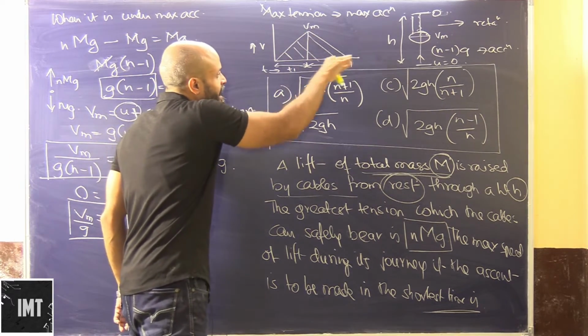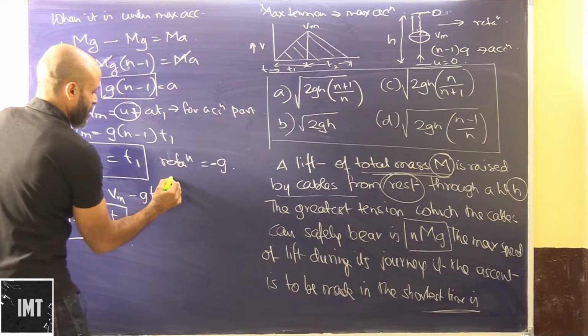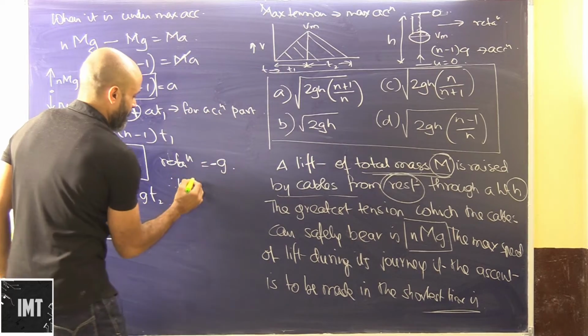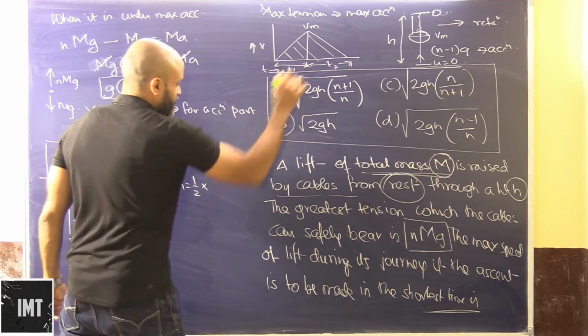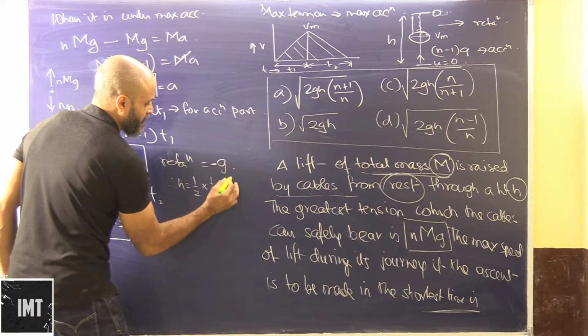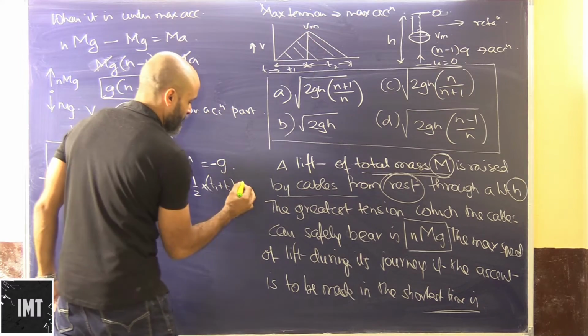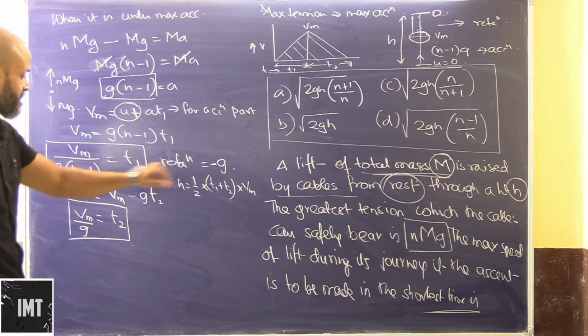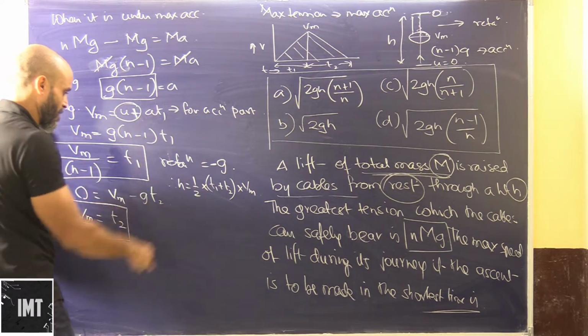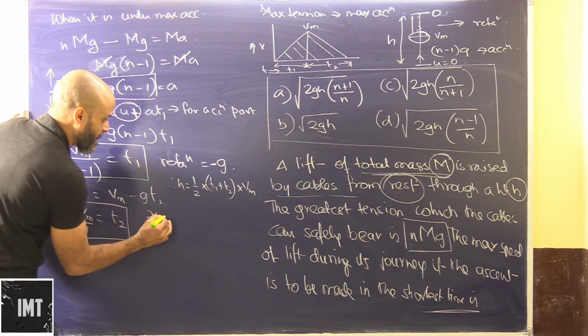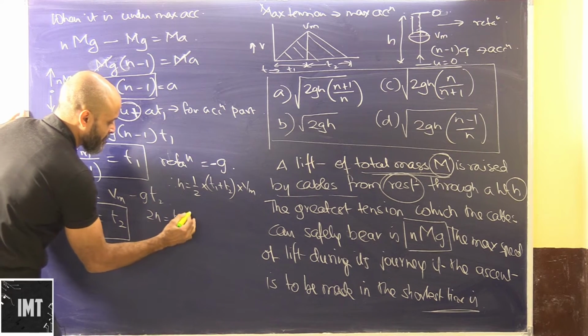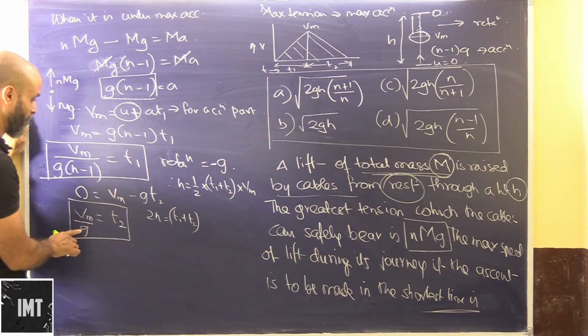So what will be the area of this triangle? So h can be written as half of base, that is T1 plus T2, into height, that is Vm. H can be written as this. Okay. So now what we will do is 2h is equal to T1 plus T2 into Vm.